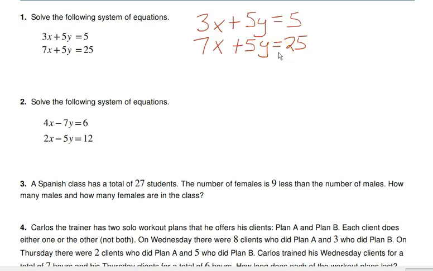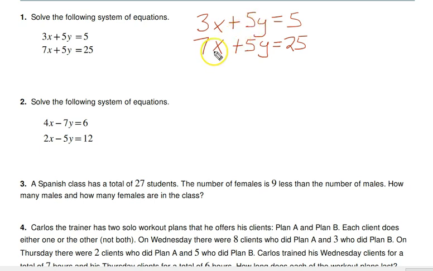So one of the first things you want to do, after you copied it down, is to look at it carefully and see which method should I use to solve it. Now as we look at this one, we notice the y's are the same terms, but they're both pluses.